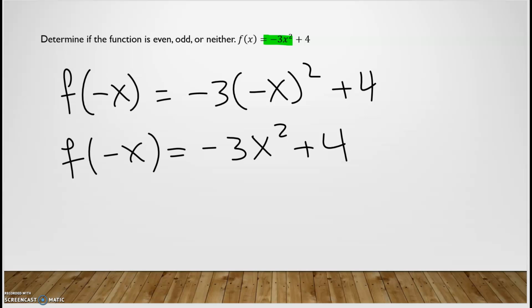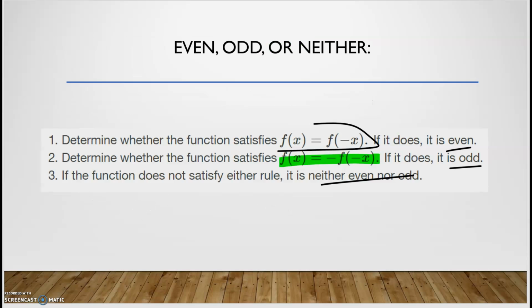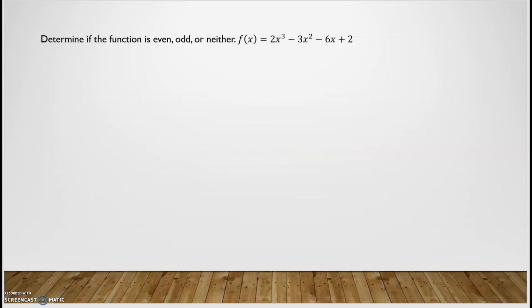We had a negative here, we have a negative here, positive here, positive here. If you notice, these two are exactly the same. This is the function f of x. So we have f of negative x is equal to f of x, which means we didn't have any type of change, which is an even function. So here I have an even function.